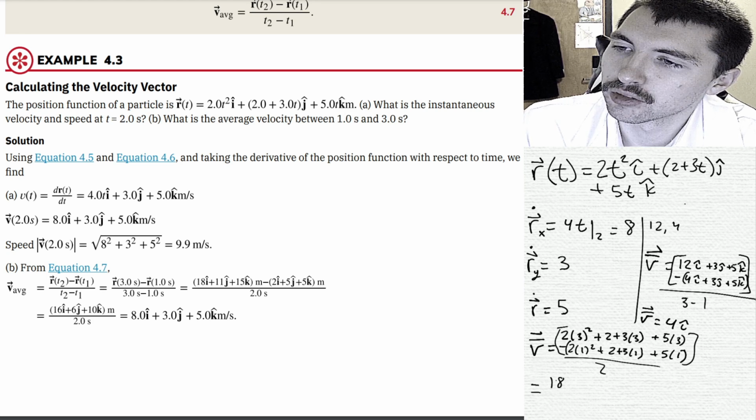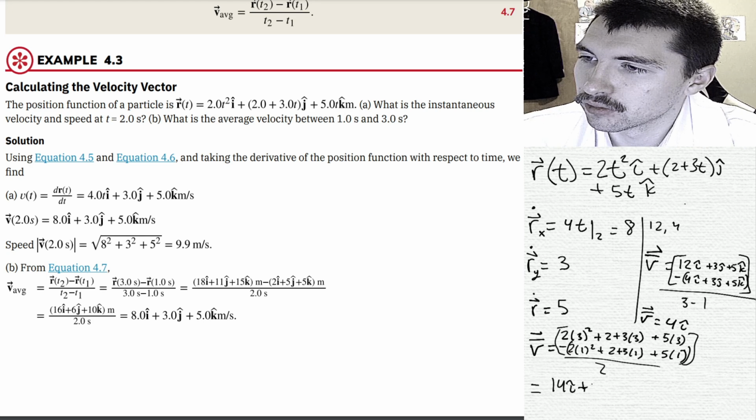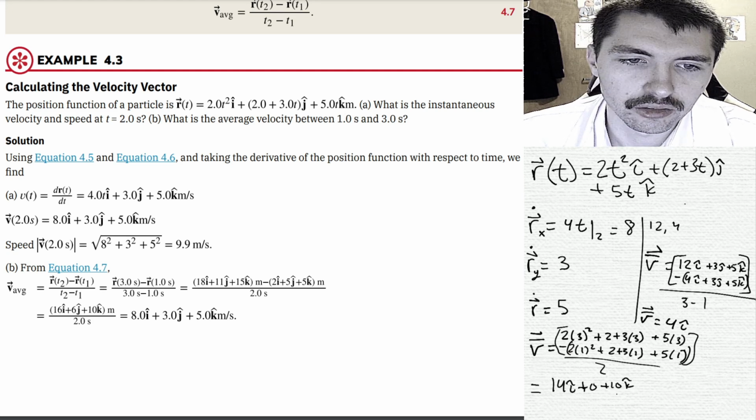Okay, so I'm looking at 18 minus 4. So I'm looking at 14i plus 0, okay, and then 15 minus 5 plus 10k. So is that what we got?